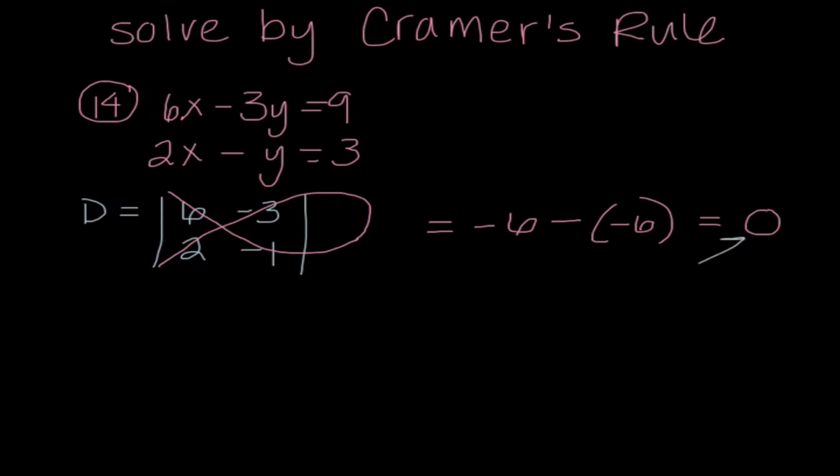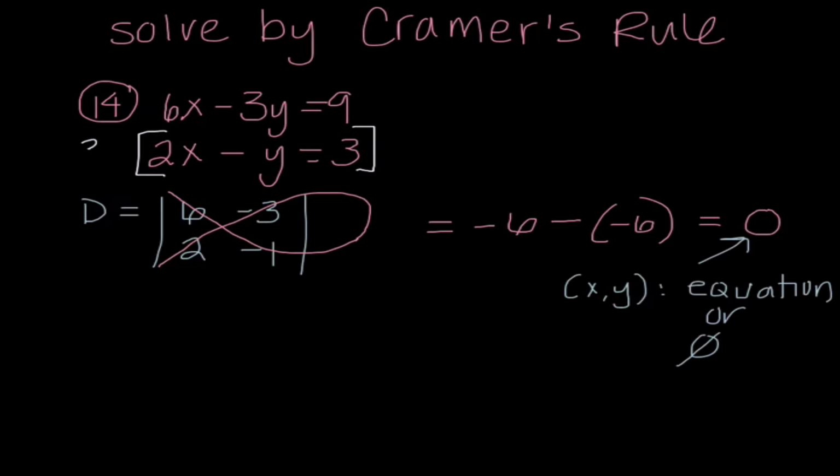Now, just a reminder, when we get 0, we know we either have an infinite number of solutions or no solution. So we're going to look back at our original equations. We said if I can multiply one equation by a constant and get the exact same equation, that means that they are the same.